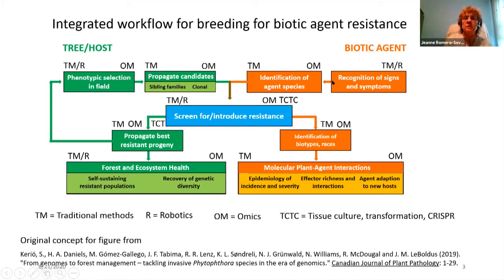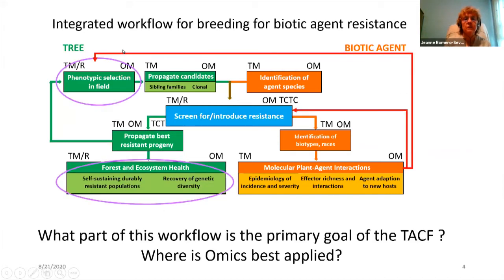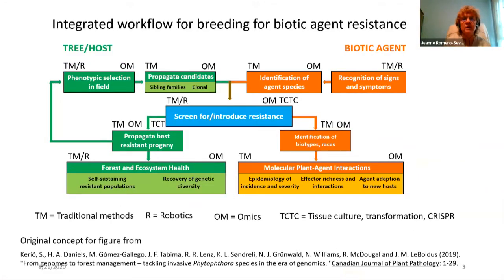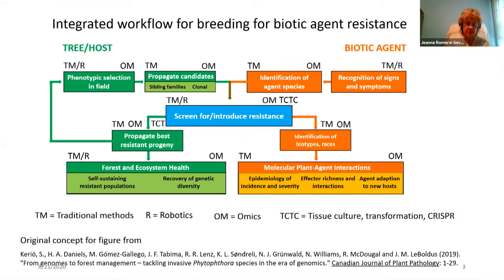But once you get into it, identification of species, biotypes, races, if we're interested in saving a forest tree, say chestnut, from blight or ink disease, the first thing we want to do is identify the sources of resistance, right? If not in the species, then in the related species. And that's what TACF did many, many years ago. They initiated a breeding program with Chinese chestnut.